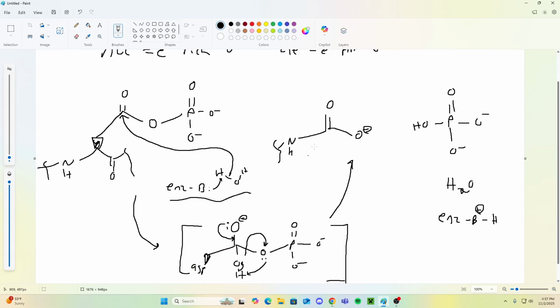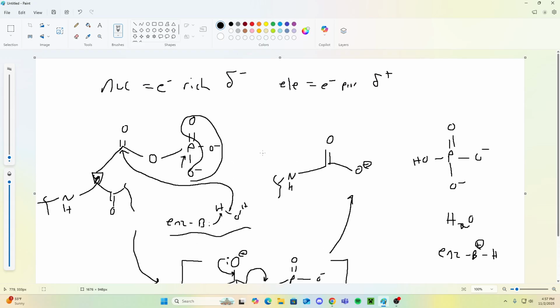So, just to rerun over this problem, the reason why this problem is so tricky is because it technically has two solutions. Like I said before, this makes this phosphorus very electrophilic too, or not very, but pretty electrophilic.